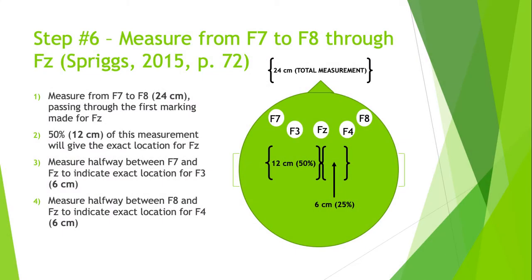So finally we come to step number 6, the final step, where a measurement from F7 to F8 through Fz will give us the exact positioning for the frontal derivations, F3, F4, and also Fz. So now that all 6 exploring electrode locations are known, the EEG electrodes can be placed in the correct regions for accurate monitoring of brainwave activity.